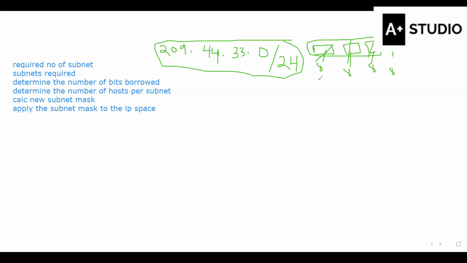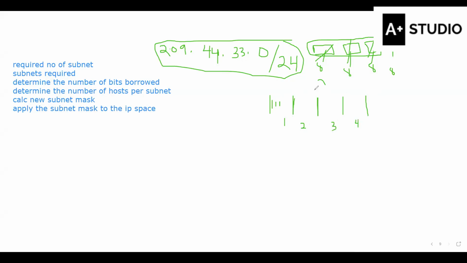So let's create it right here. This is the first part. Let's say this is the first octet, second octet, third octet, and then the fourth octet. This is 1, this is 2, this is 3, this is 4.